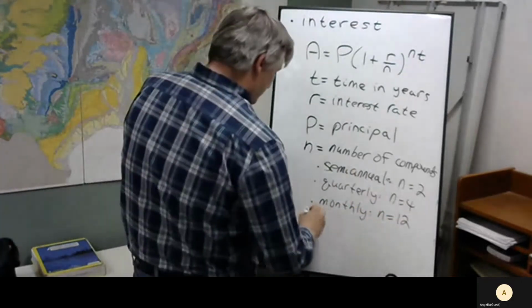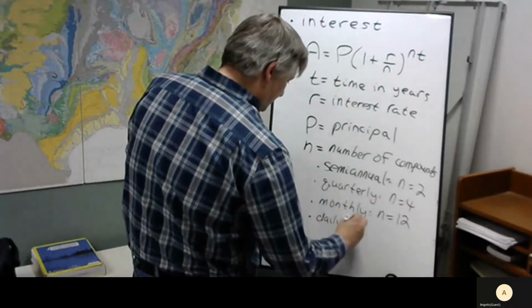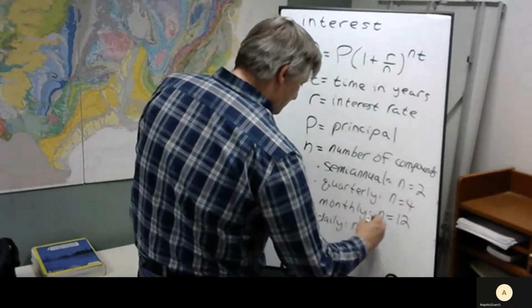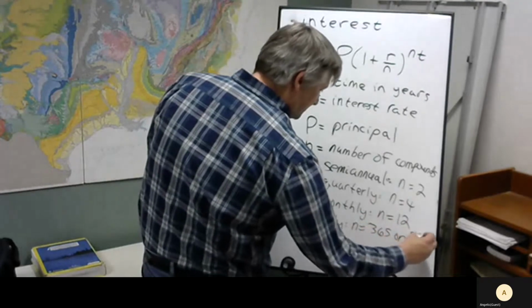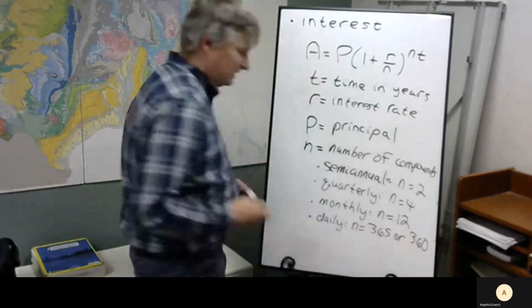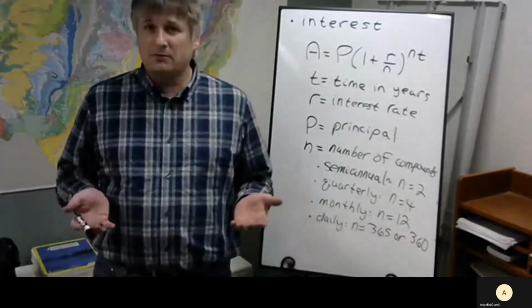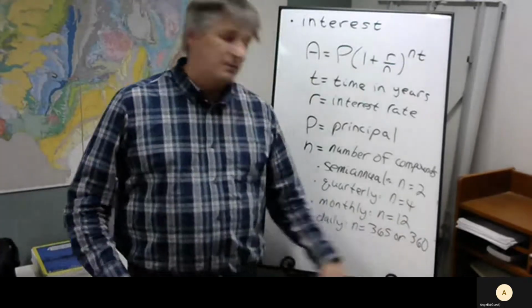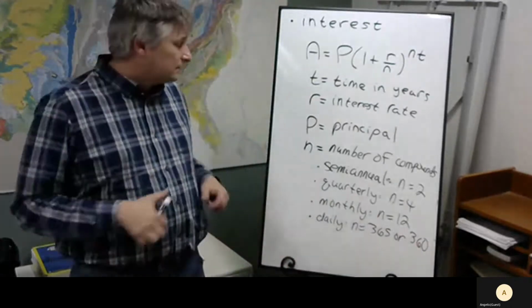Finally, daily, we got to be careful here. N is 365 or 360. And again, 365, what we're going to do in 10.5. 360, this is what we're going to do in chapter 11.